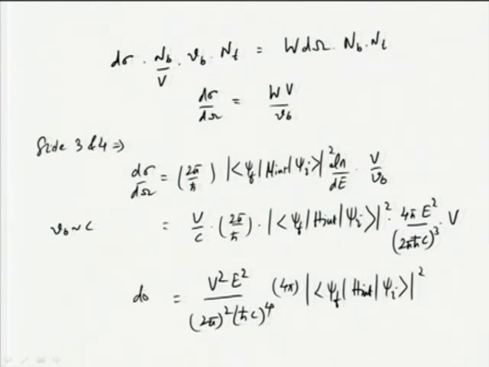So this is your d sigma over d omega, what we call the differential cross section.